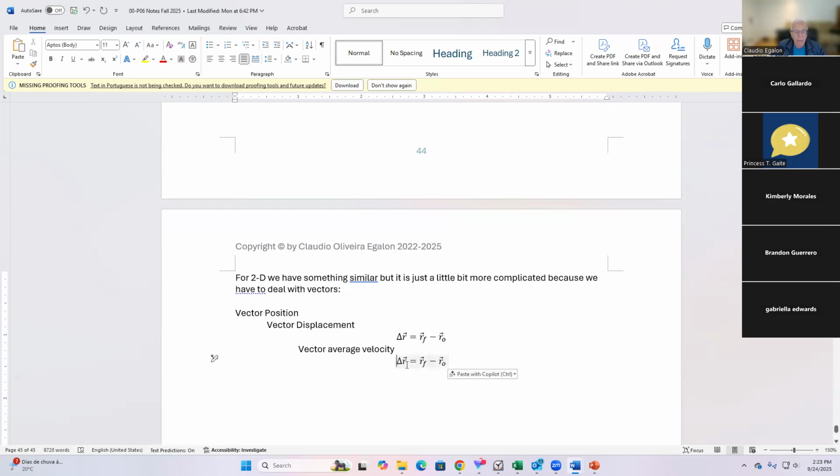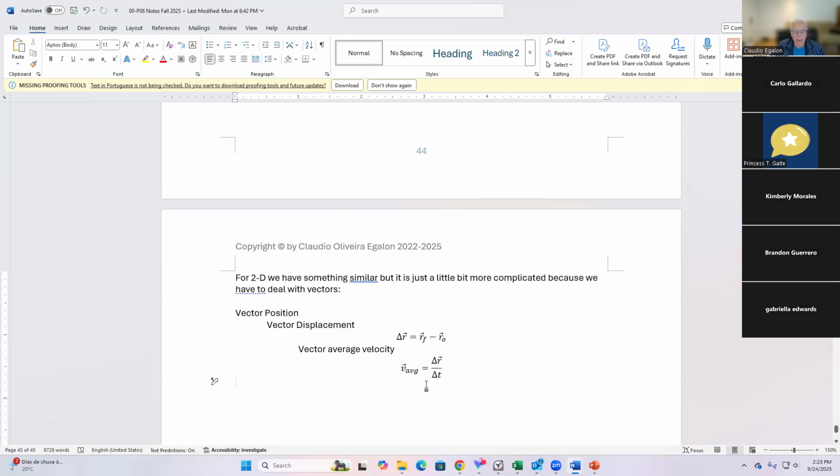Vector V average is going to be, just like we do in one-dimensional motion, delta R over delta T.